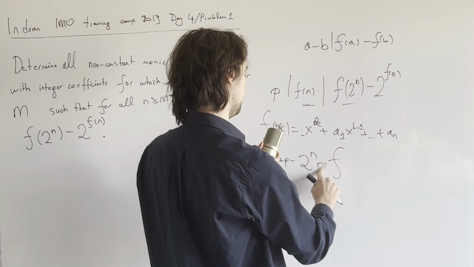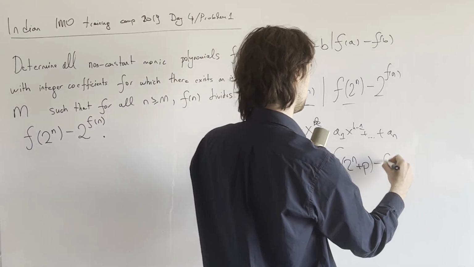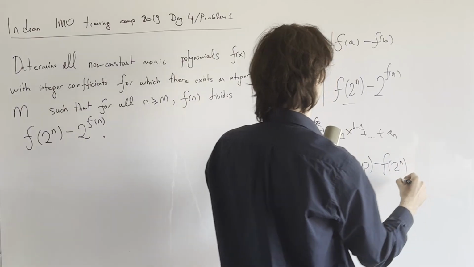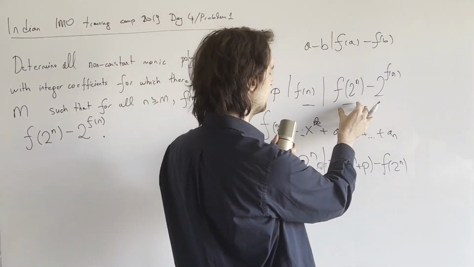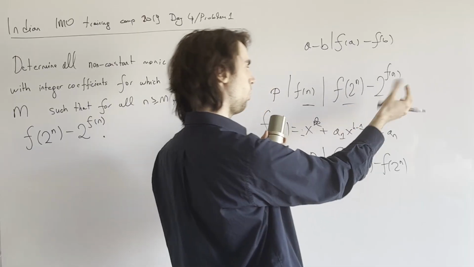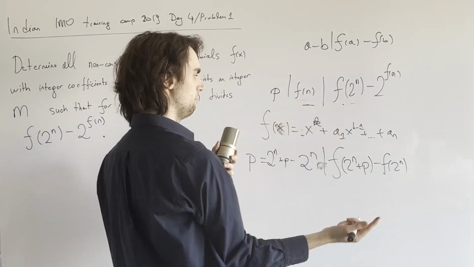This is going to then divide f of 2 to the n plus p minus f of 2 to the n. Again, this is all fine and nice, but it doesn't really give me this. Though maybe I can get to this indirectly, maybe using the fact that p divides f of n.